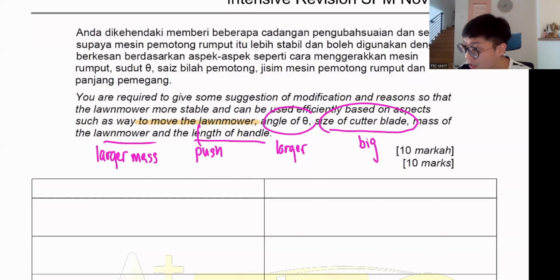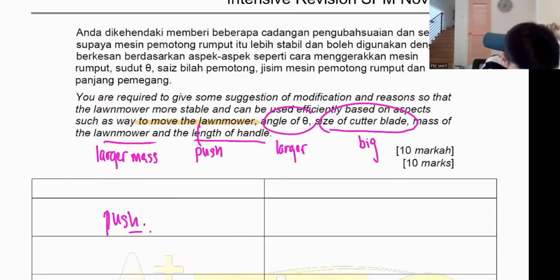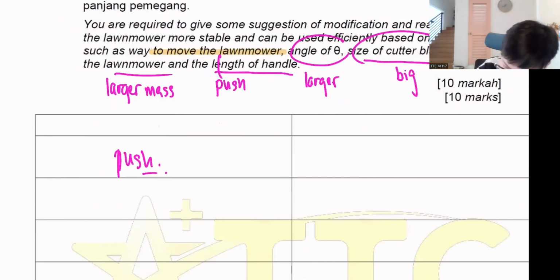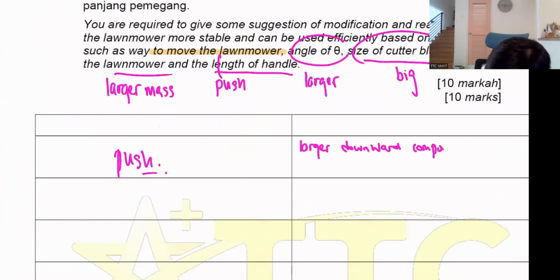Why do we want to? Because we want to have larger downward component of force. If you don't want your answer to sound very similar, you can do something like this.